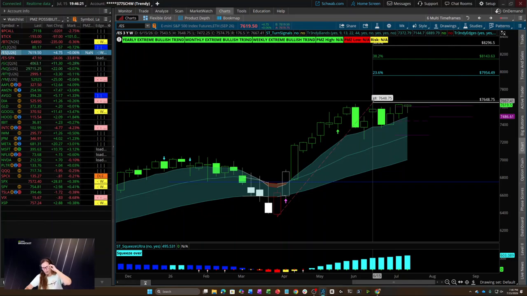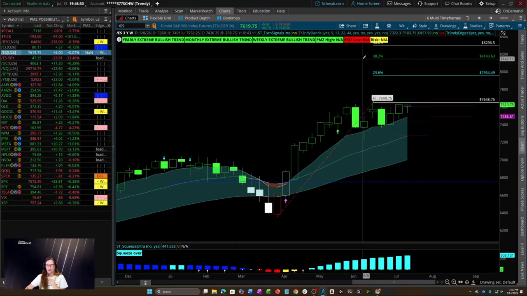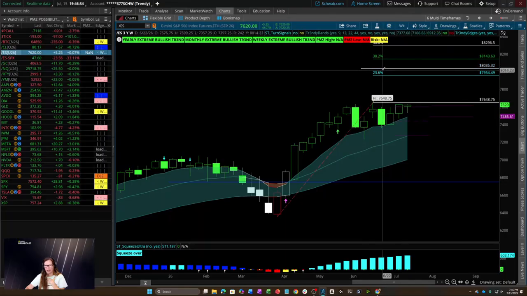Okay, now it's up to you. I'm going to tell you what levels I mark on extensions. I like the 1.272, and it doesn't have to be exact. I just go in between this 23.6 and 38.2 extension. 1.272, 27.2.